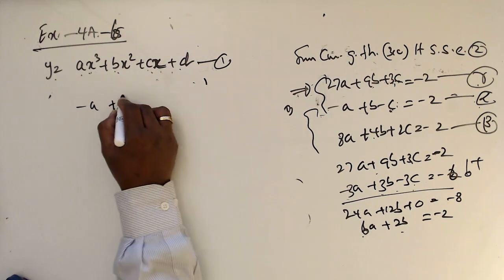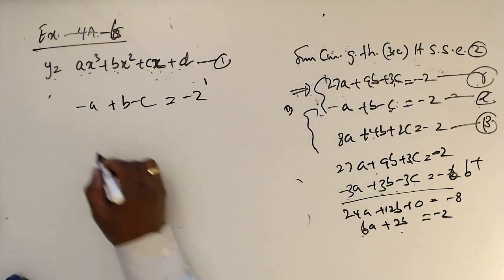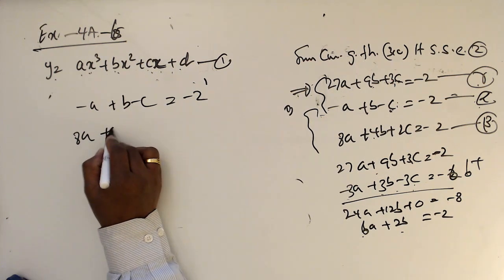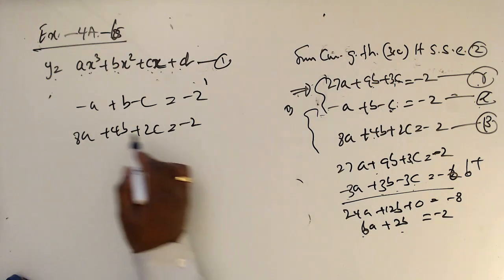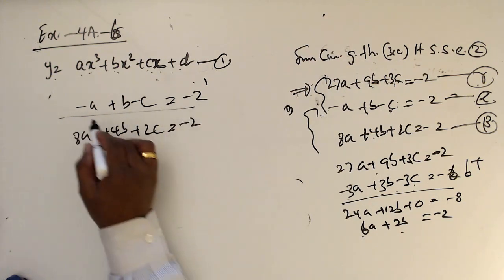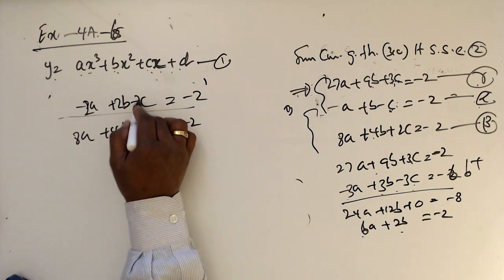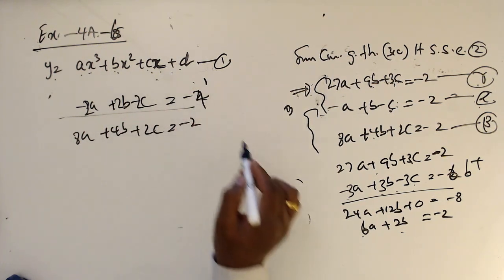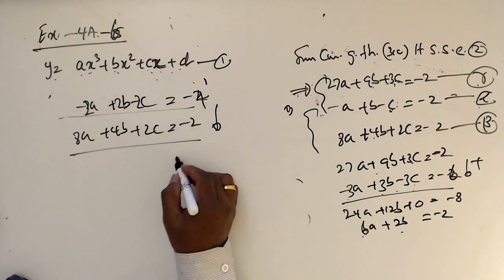Minus A plus B minus C equals minus 2. 8A plus 4B plus 2C equals minus 2. I'll multiply this one by 2: minus 2A plus 2B minus 2C equals minus 4. Now I will add those two together.